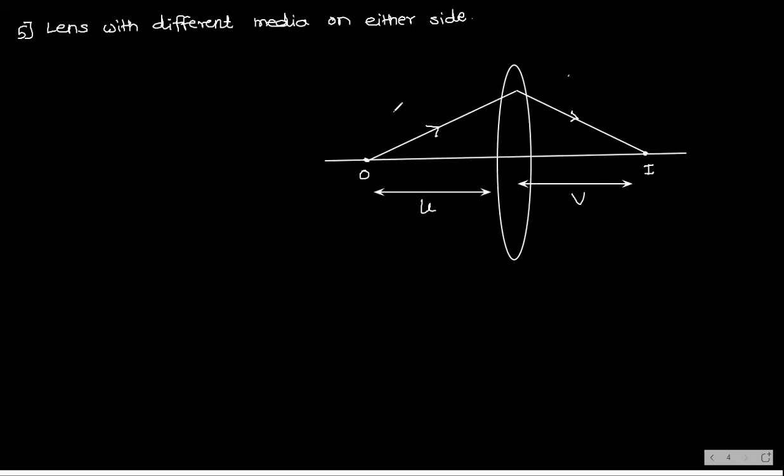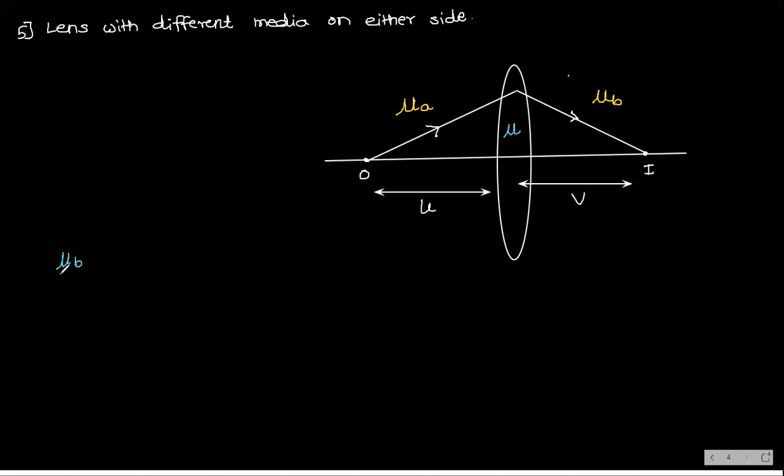Now, this medium is suppose mu A. This medium is suppose mu B. And the lens medium is having refractive index mu. Definitely this medium is having mu A, means refractive index mu A, refractive index mu B. If like this is there, then what will be the formula?